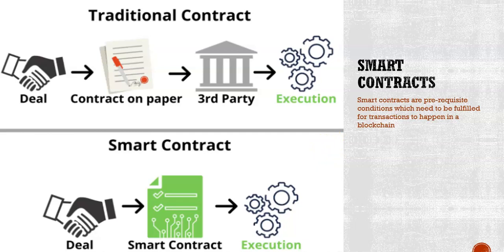If the conditions are not met, the contract will not execute. So it is basically a kind of condition: if some condition occurs, then some work will happen. This is what is called a smart contract, which, in simple terms, is a program.